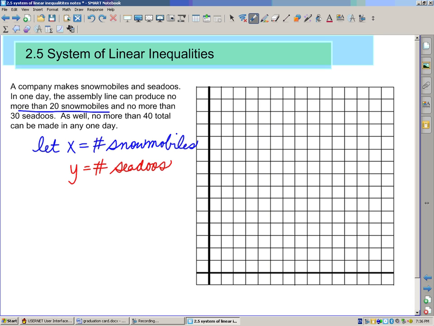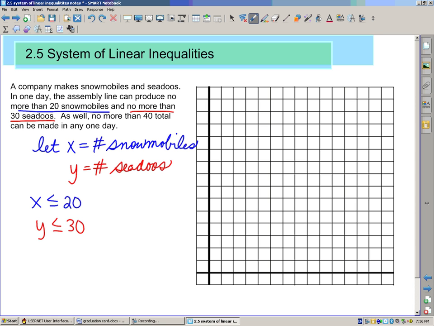So x, no more than, means it has to be less than or equal to 20. For sea-doos, there's no more than 30. So y has to be less than or equal to 30.